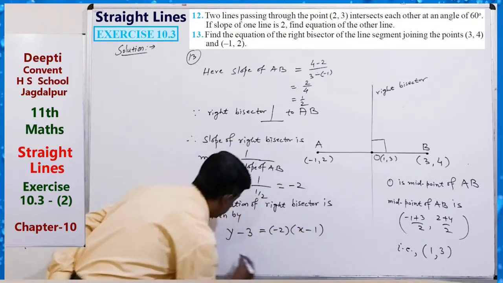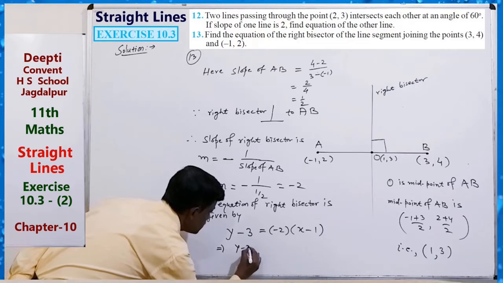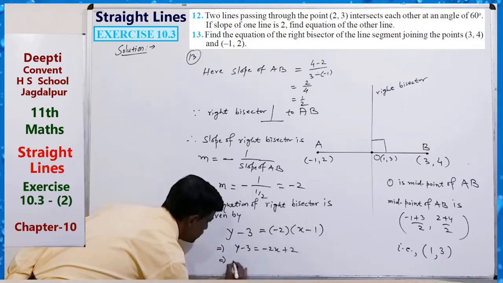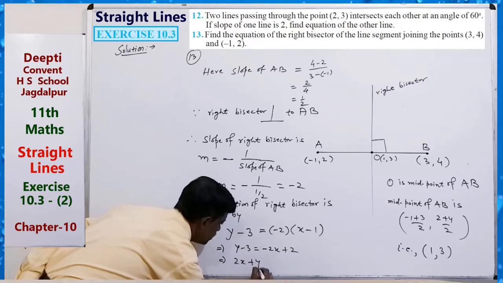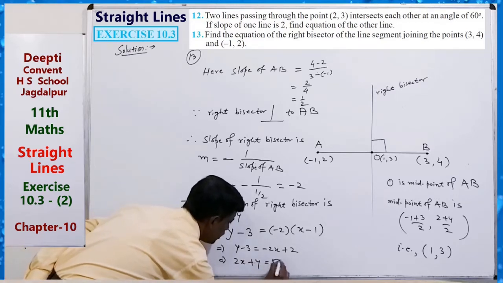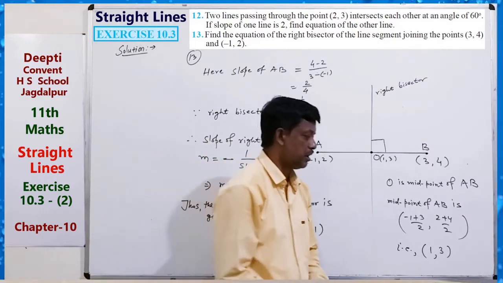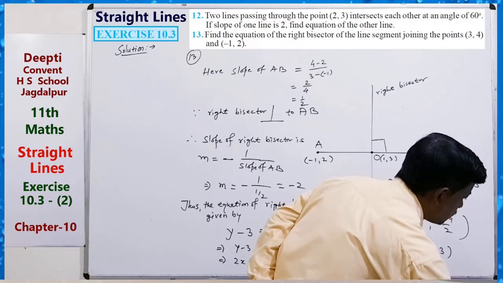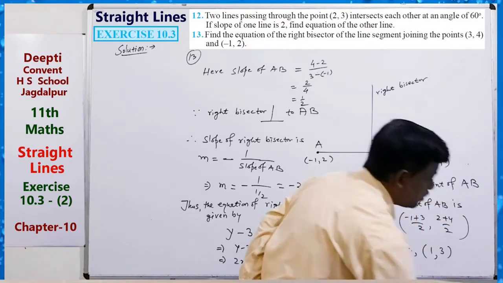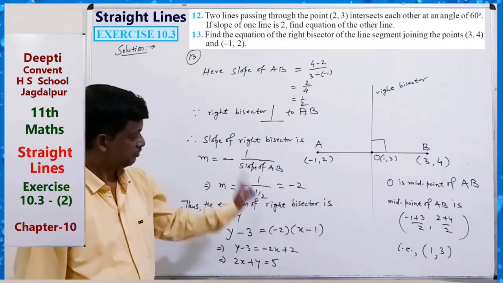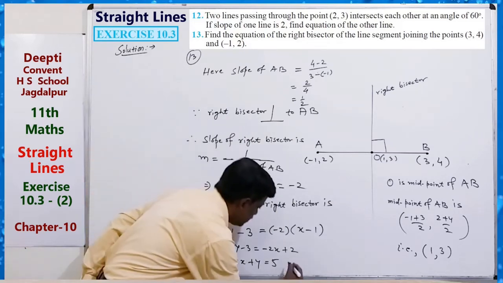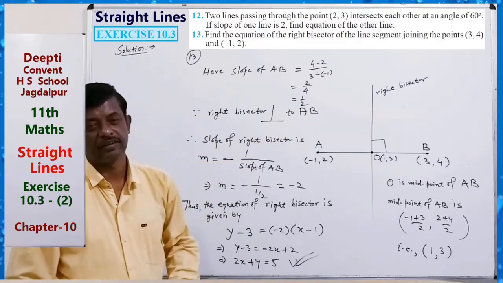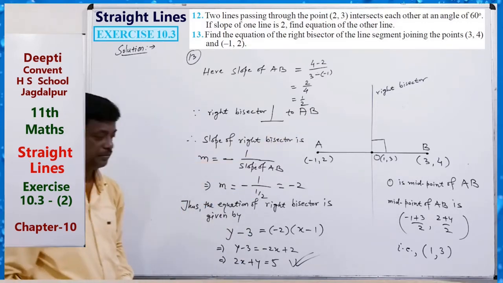So y minus 3 equals to minus 2x plus 2. So here 2x plus y equals to 5. 2x plus y equals to 5. Clear? So this is our equation of the right bisector. Okay?